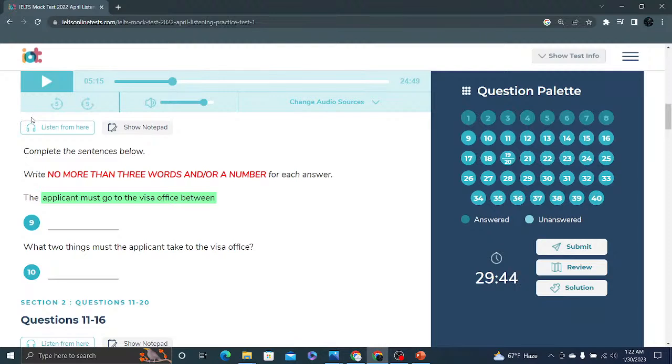Weekdays means between Monday to Friday, because internationally Monday to Friday is our weekdays, and weekends are like Saturday and Sunday.